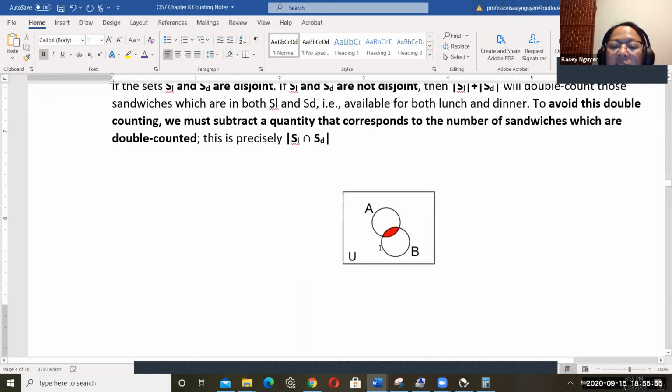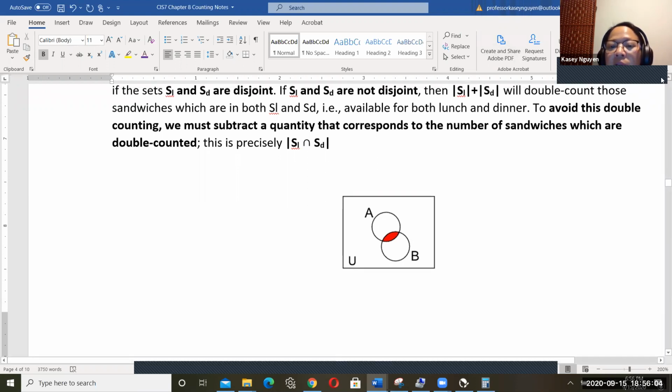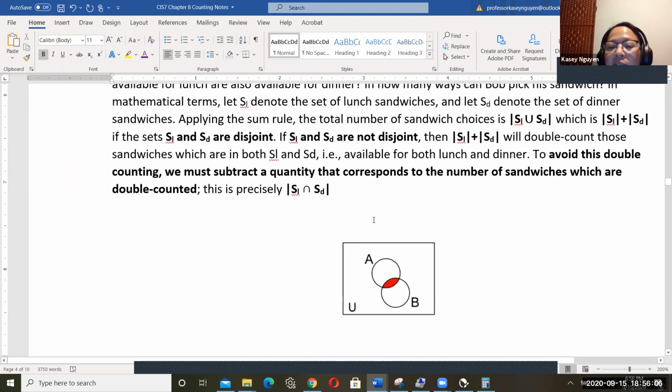So as we looked at last week, when we went over the diagram, we talked about the intersection. So you would see that here is the population for A and the population for B. And if it's not disjoint, that will be an intersection.